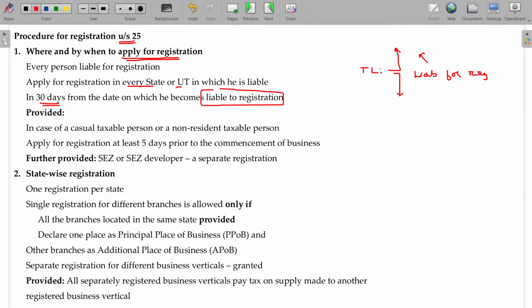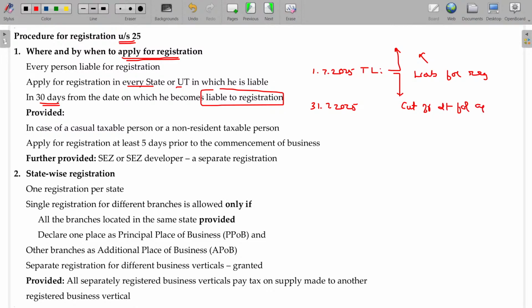If this date being say 1st July 2025, within how many days you have to register? Within 30 days you have to apply for registration. So 30 days means in July you leave that one date, add 30 days, so 31/7/2025. This is the cut-off date for application for registration.